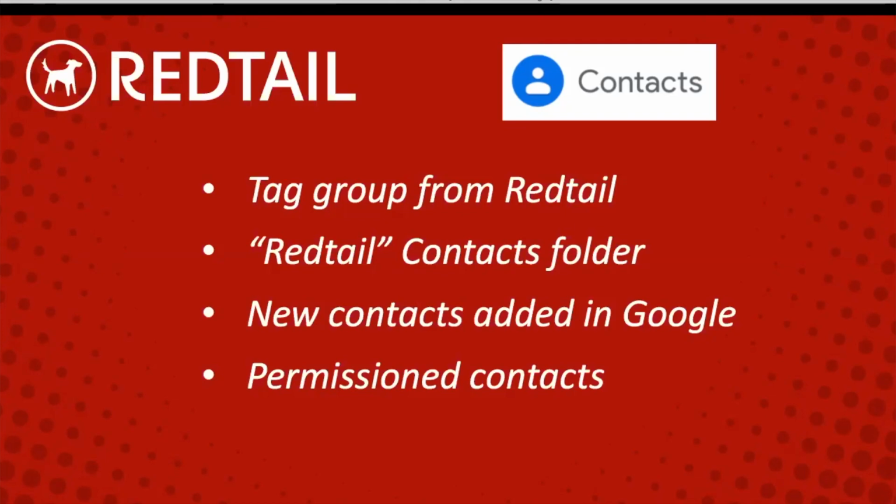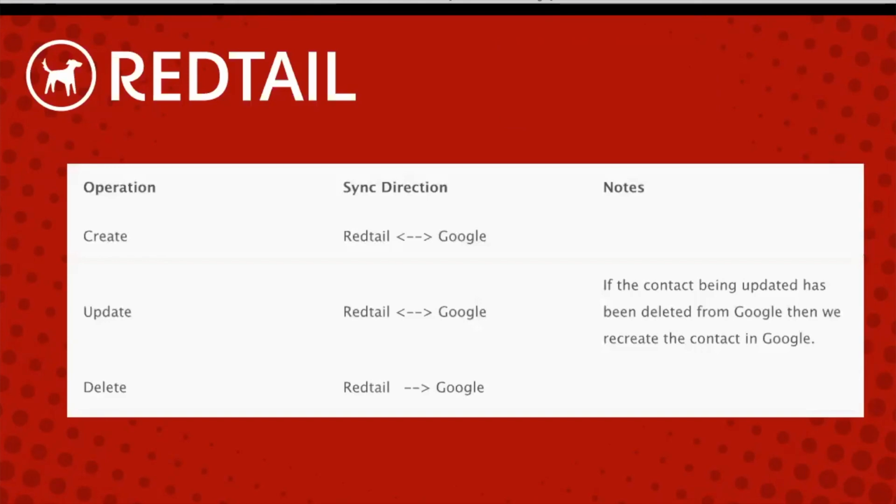But if one of those advisors sets up the Google Sync, they will only get their own contacts that they are permissioned to view. That way you don't have to have a Retriever Cloud Sync tag group for Jonathan, one for Haley, one for Rick, one for Curtis. Instead, you can have one group for everybody, and the system will not give anyone permission to contacts that they did not have permission to see within the CRM.